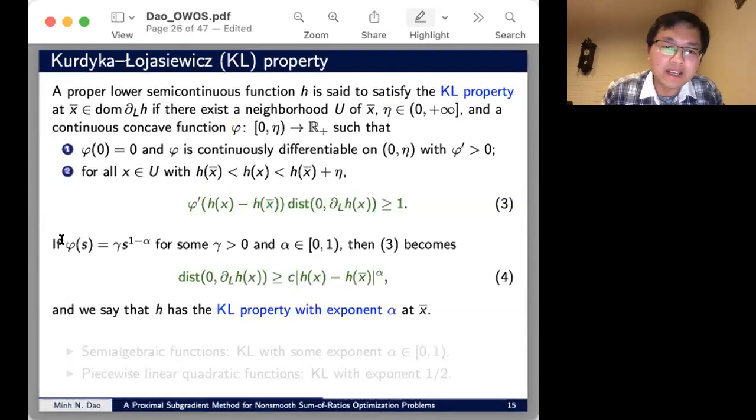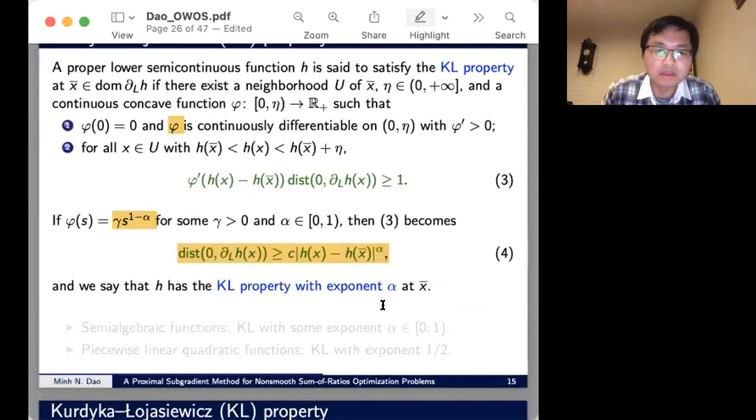In the case when function phi can be chosen in this form, an exponential s, then the KL inequality becomes this inequality, and we say that the function has the KL property with exponent alpha.